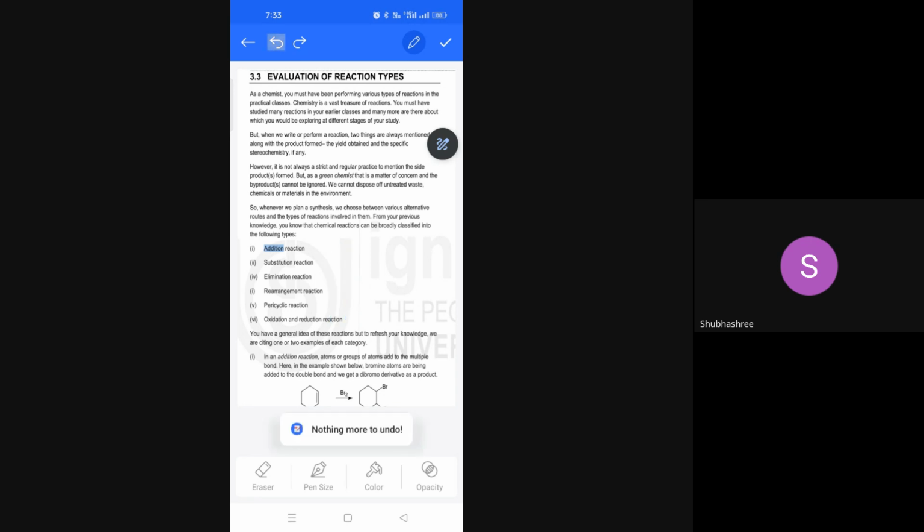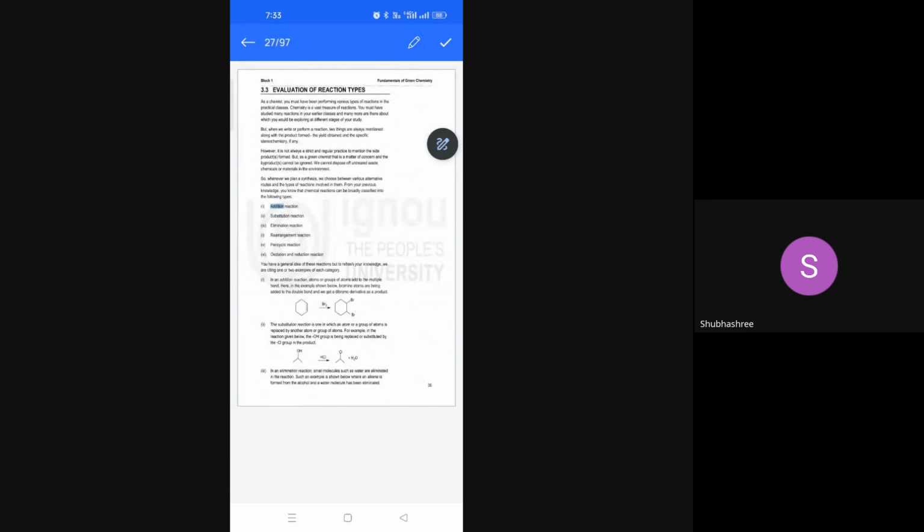This type of long question will not arise because it is a very common long question, but you should know and you should remember the examples. Okay, these examples are given here, and here even addition reaction, even substitution reaction, SN reaction, nucleophilic substitution, electrophilic substitution reaction you have already read.